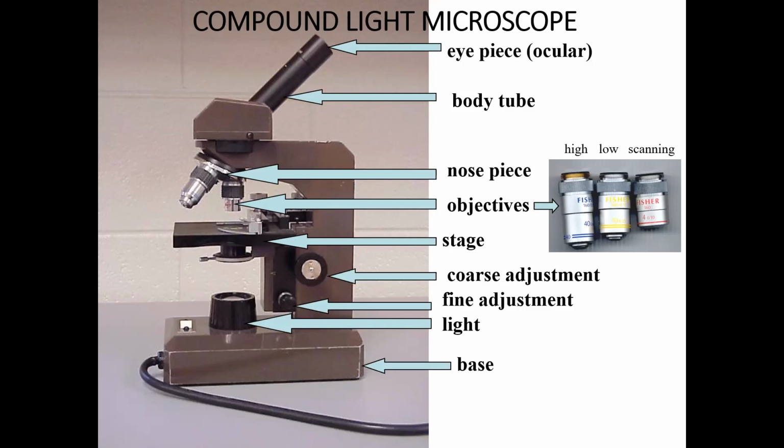The base, we ask you when you're carrying a microscope to put one hand under the base and one hand on the arm. That's this portion back in here, because if you carry it just by the arm, microscopes are reasonably heavy, and the tendency is to let your arm swing down.